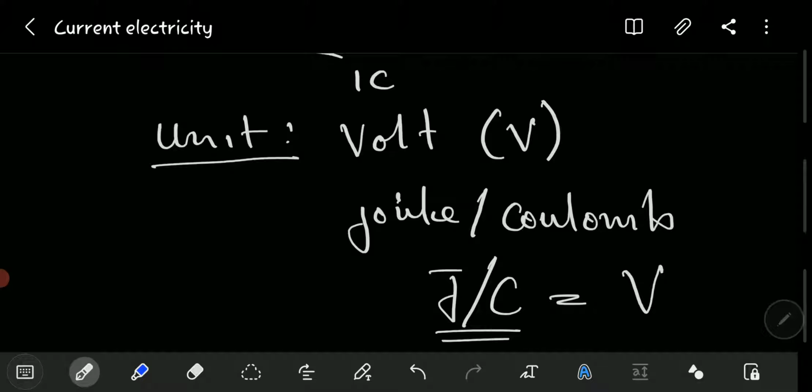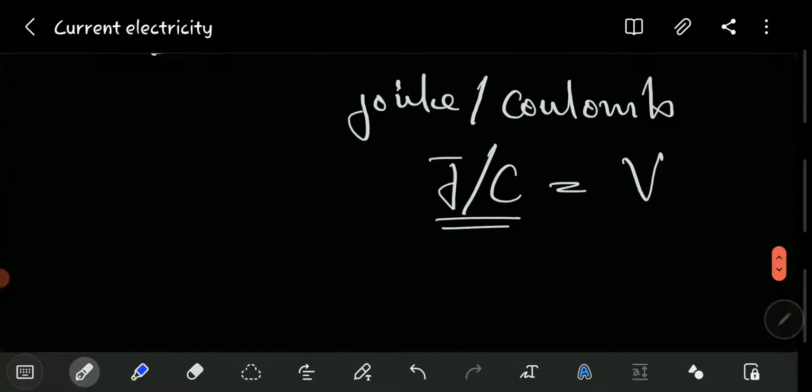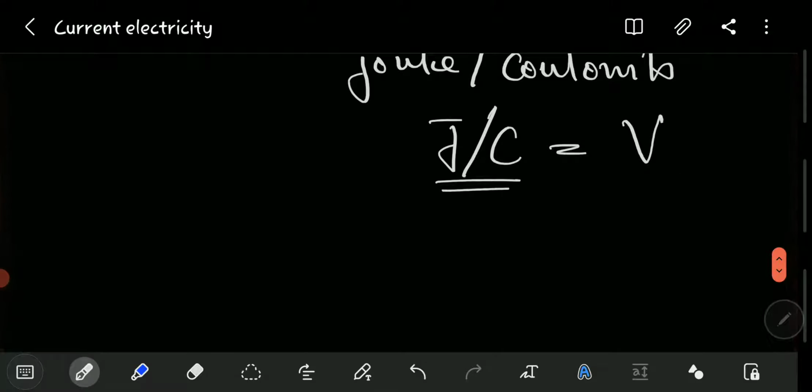So you may find joule per coulomb or just volt. This is almost one and the same thing.